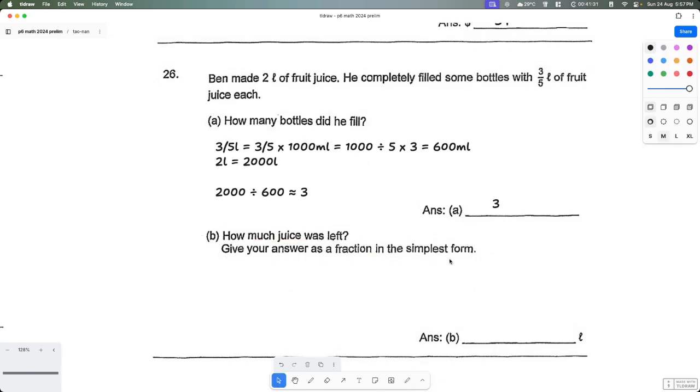Give your answer as a fraction in the simplest form. Okay, so for this we can just say juice left is equal to 2 minus 3 times 3 over 5, which is equal to 10 over 5 minus 9 over 5, which is equal to 1 over 5 liters in this case over here. Okay, so that's it.